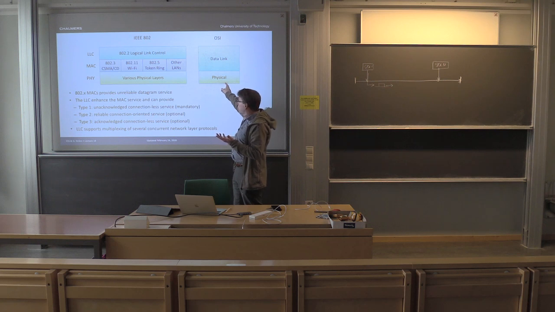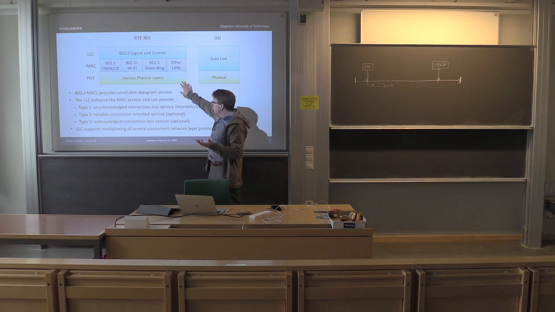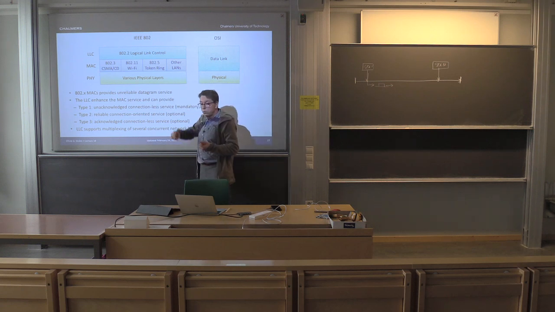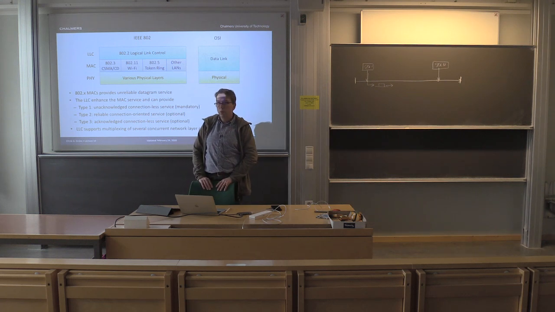However, there are many protocols which are inspired by this. And now we will talk about a set of protocols called IEEE 802 protocols. And these specify the data link layer and physical layer. It does not specify the network layer, so we're still looking at the lower layers.